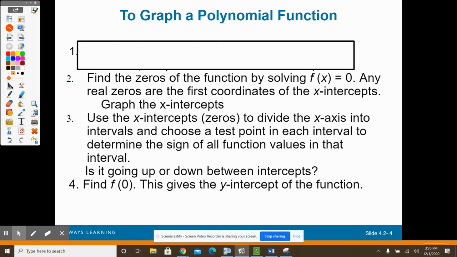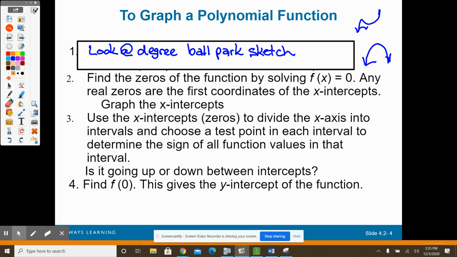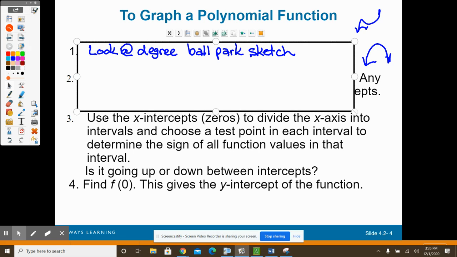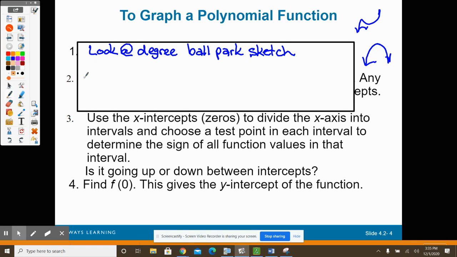Okay, so then what do we do next? Well, the next thing we do, I didn't want to erase that. Find the zeros by solving any real zeros. Okay, so then remember, we're doing this without a calculator. Okay, so step 2 would be to find the x-intercepts. And we do that by factoring or solving.